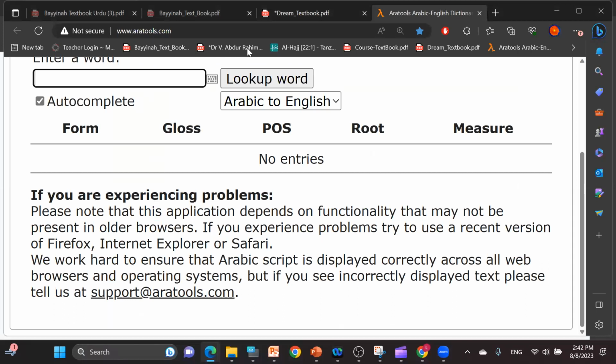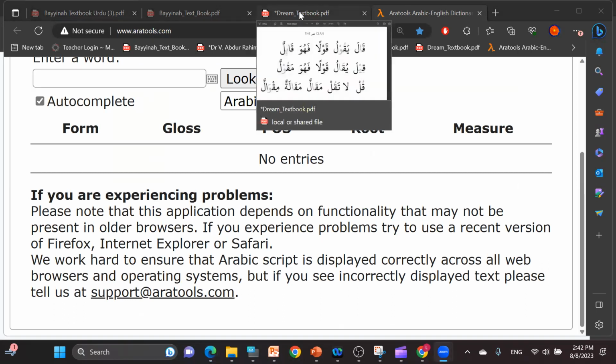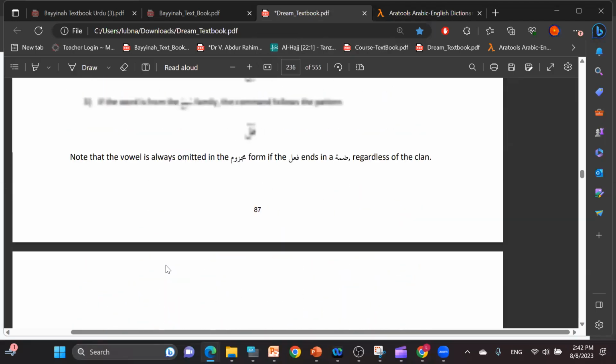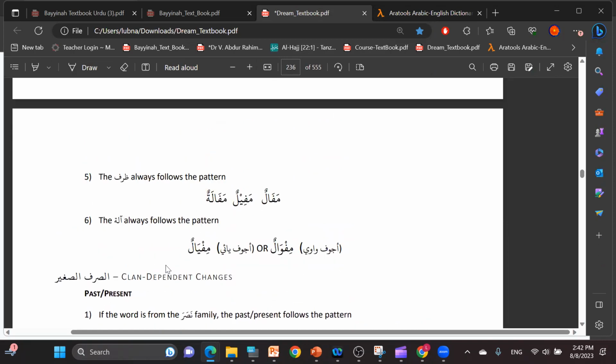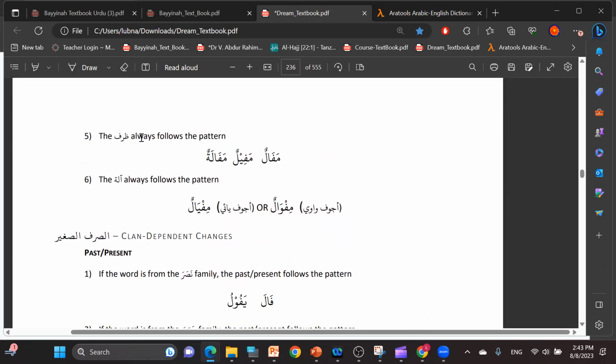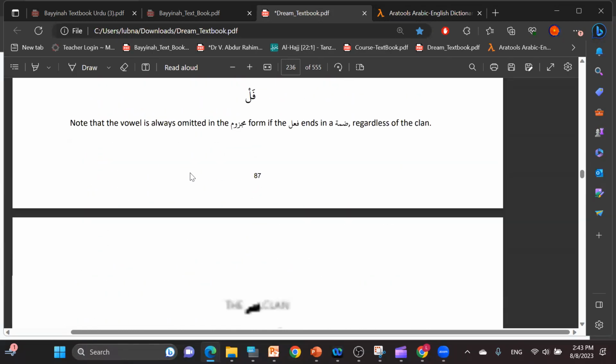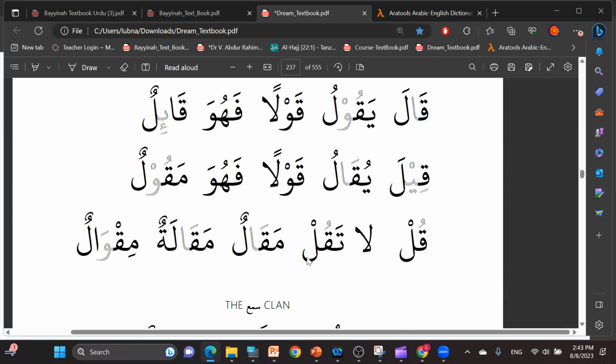So maqilun is the ism zarf, not miqwalun. Here the zarf always follows the pattern maf'alun, maf'ilun, maf'alatun. But here it is maf'alun, maqalun, maqalatun, miqwalun. It should be maqilun. So there is a misprint.